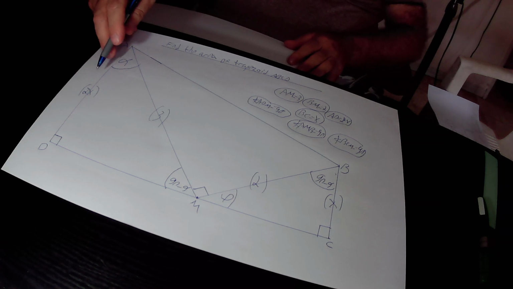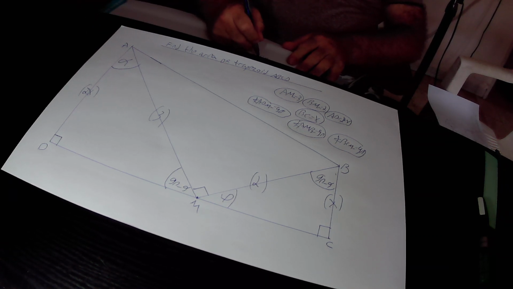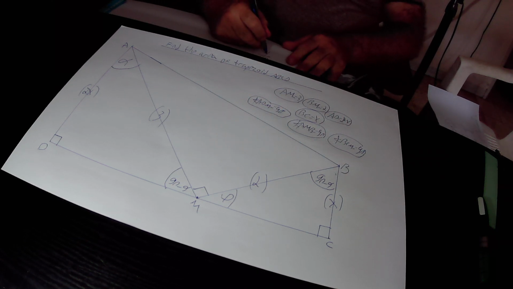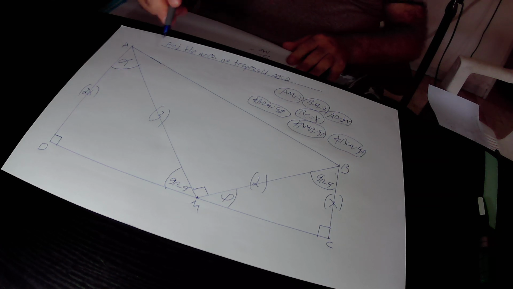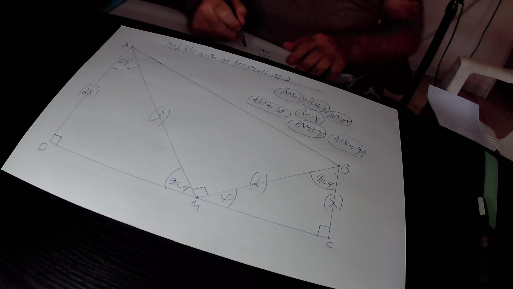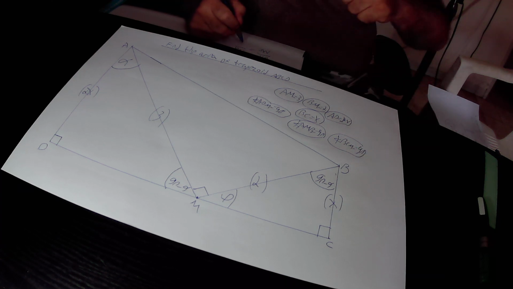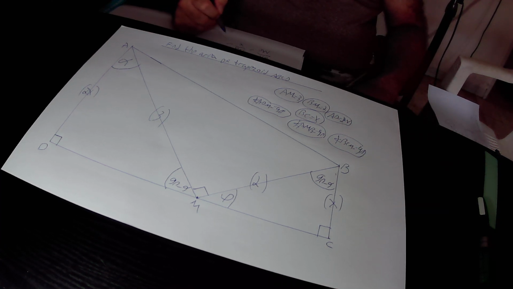AD is 2x over MC. MC is the missing side, so we will leave it as it is, and it is equal to DM. DM is also a missing side, so we leave it as it is, over BC. BC is x. And it is also equal to AM.